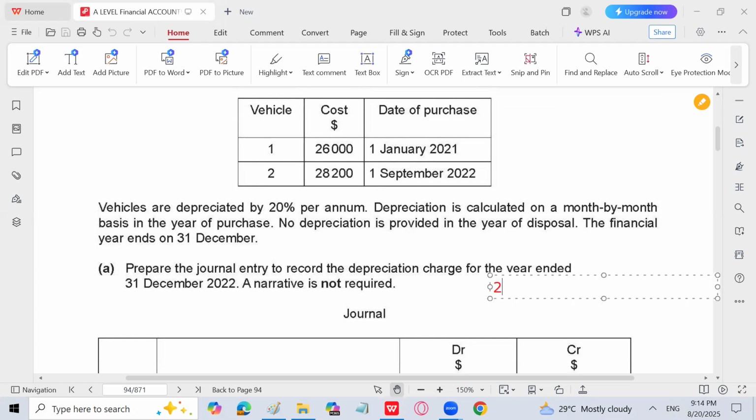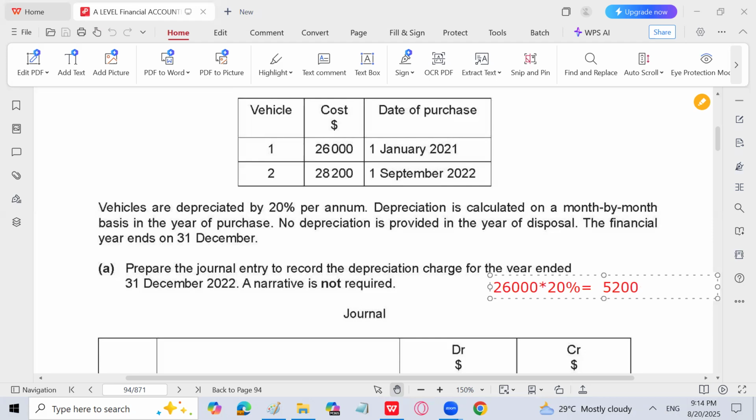Let's calculate 26,000 multiplied by 20% for the whole year. I know this 26,000 was depreciated in 2021 also for the whole year, which is 5,200. But again in 2022, as it is the straight line method, we calculate depreciation on the cost of the asset, so it will again be 5,200.